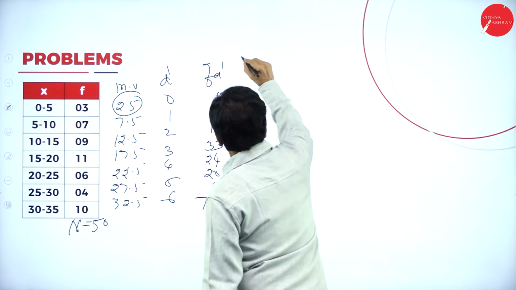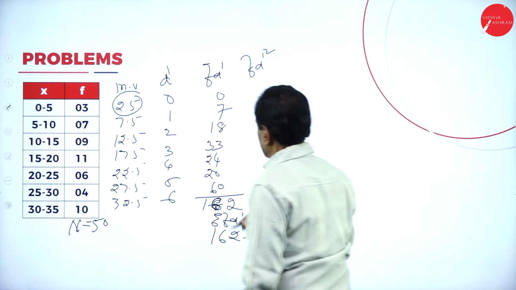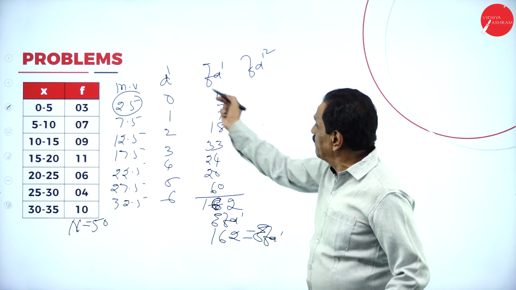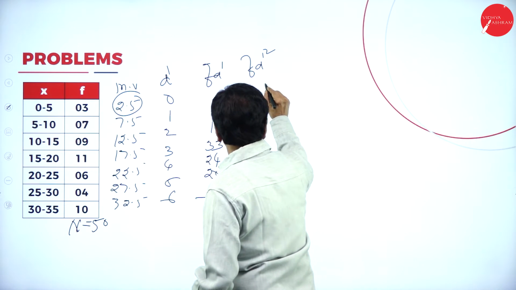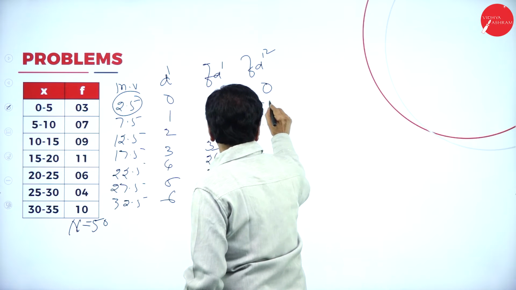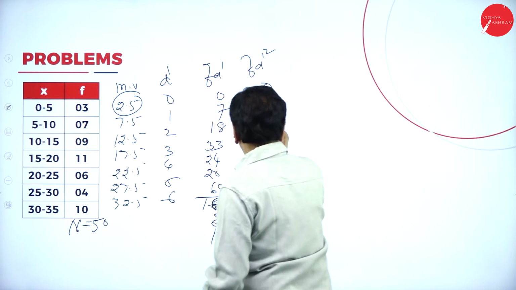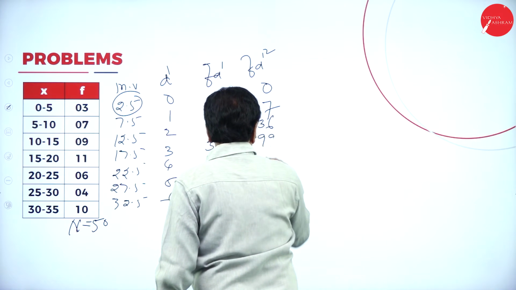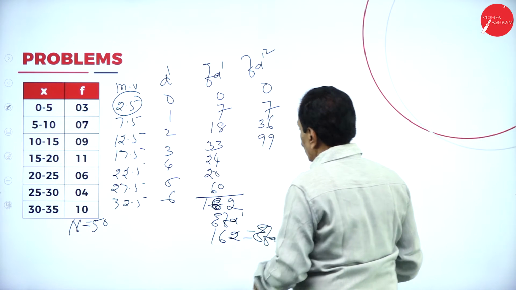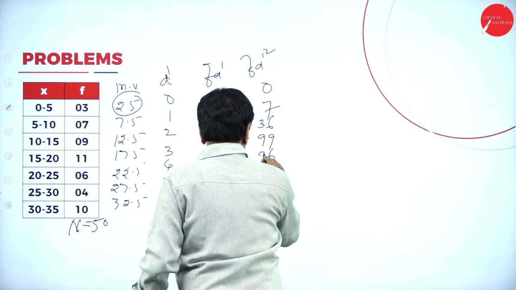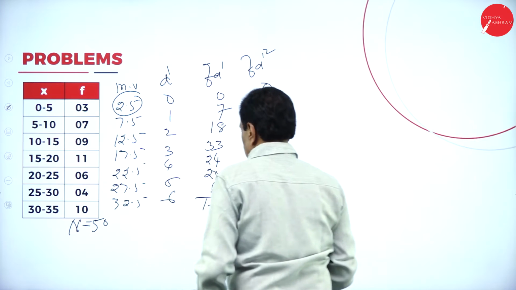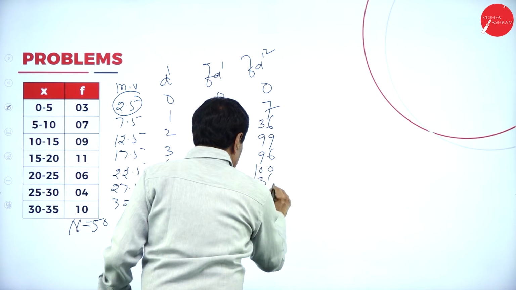Then f d dash square. Sigma f d dash into d dash. 0 into 0 is 0. 7 ones are 7. 18 twos are 36. 33 into 3, 99. 24 into 4, 96. 20 into 5, 100. 10 into 6, 360.